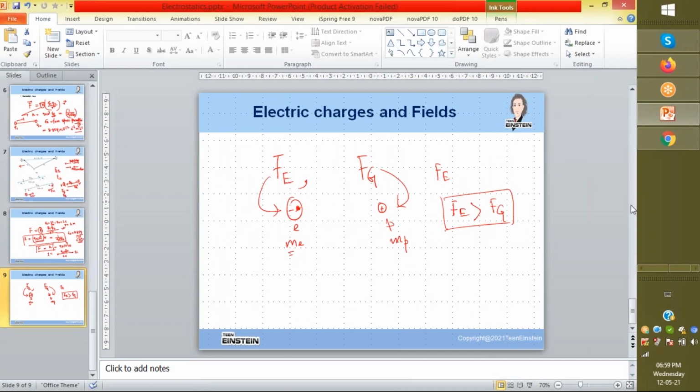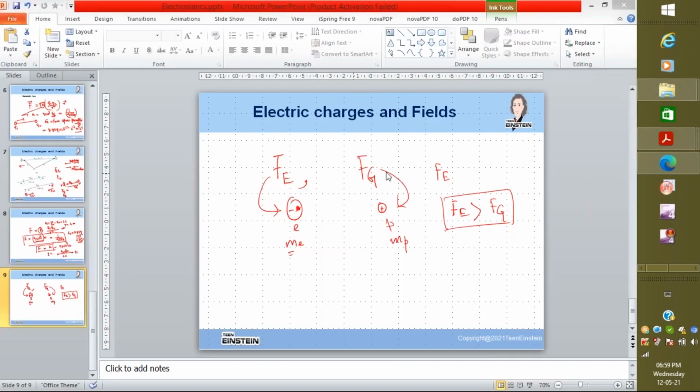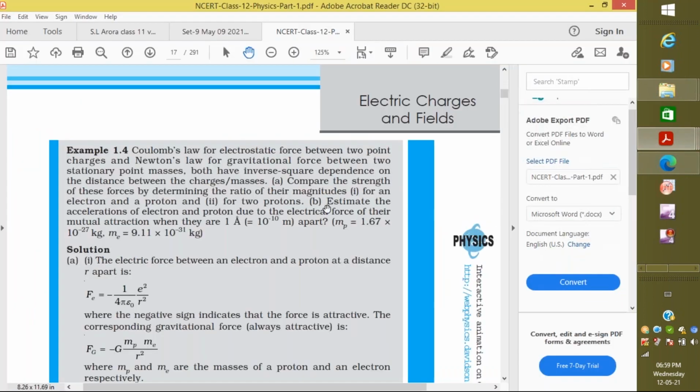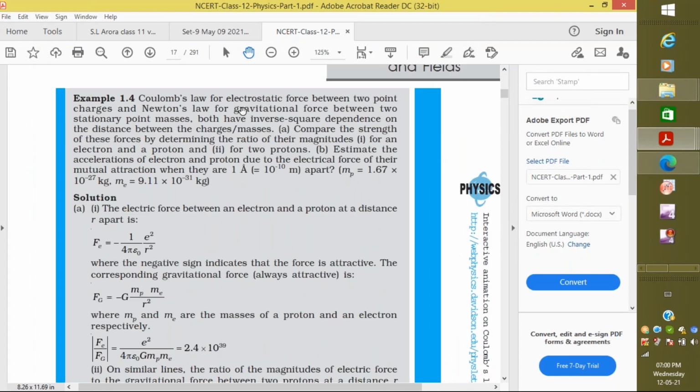So you can note this example, it is very important for your exam also. See, Coulomb's law for electrostatic force between two point charges and Newton's law of gravitational force between two stationary masses both have inverse square dependence on the distance between the charges or masses.